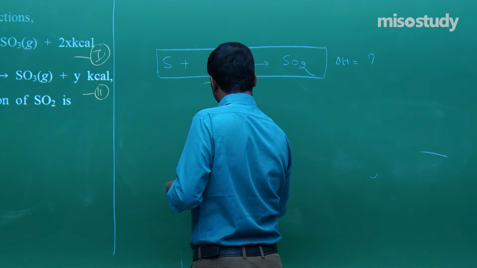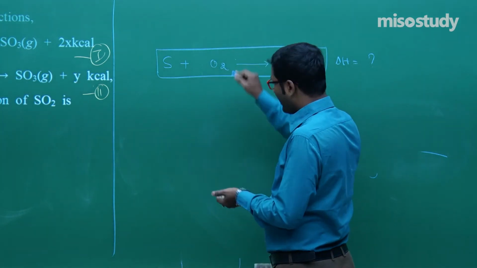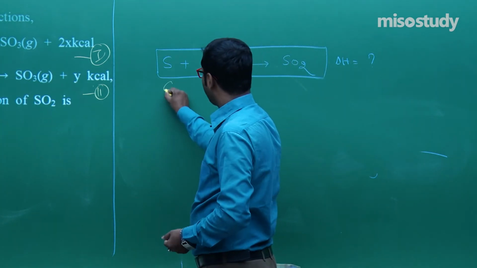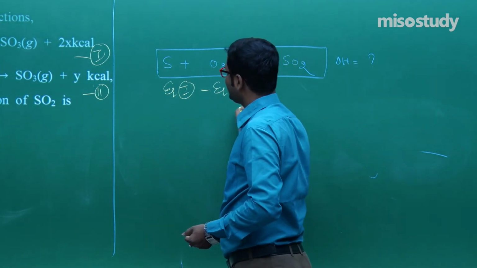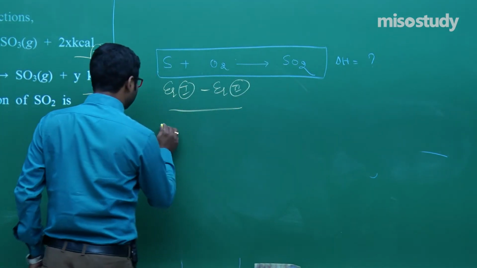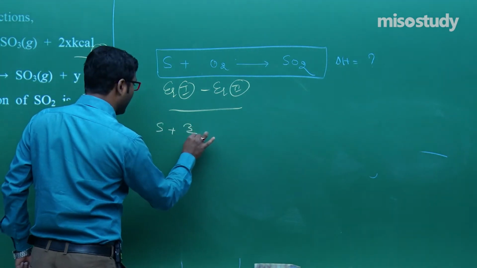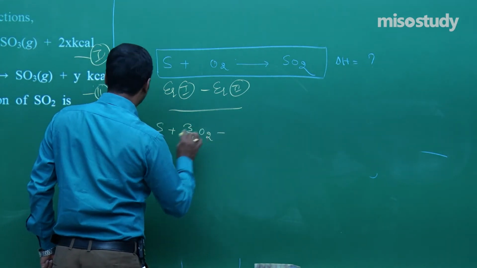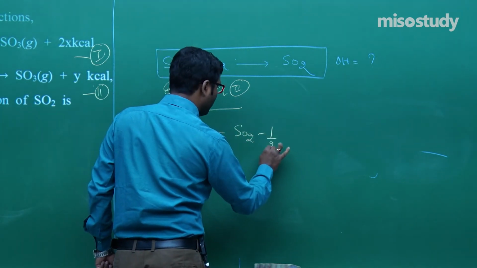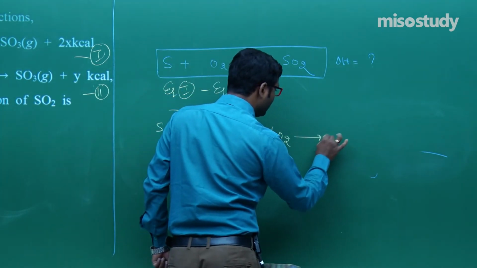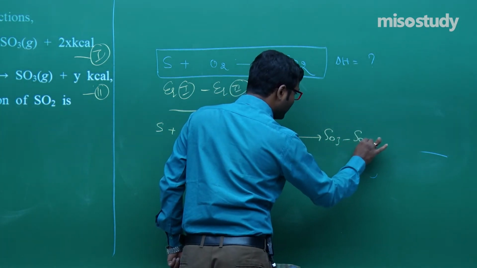Look at what I am telling. We have to approach here, so it is better to write like this: equation 1 minus equation 2. Let's check it. What happened in this case? That is S plus 3 by 2 O2, clear? Minus SO2 minus 1 by 2 O2, which gives you SO3 minus SO3.